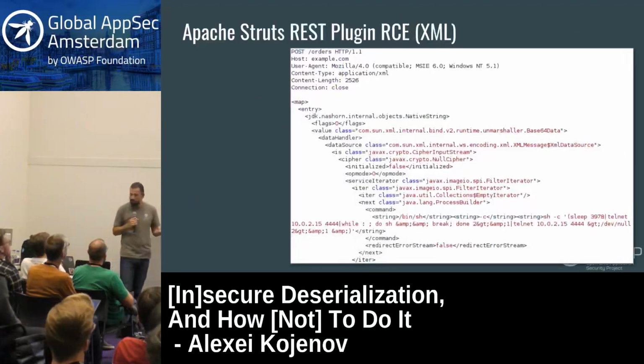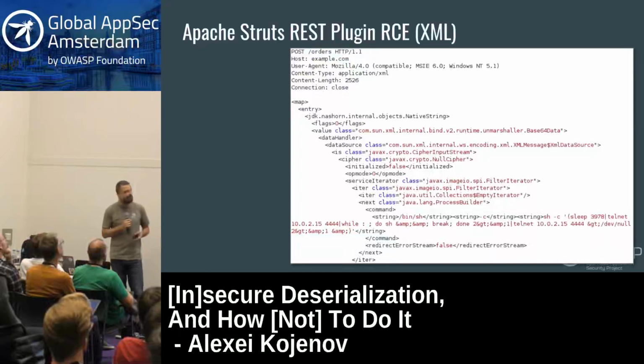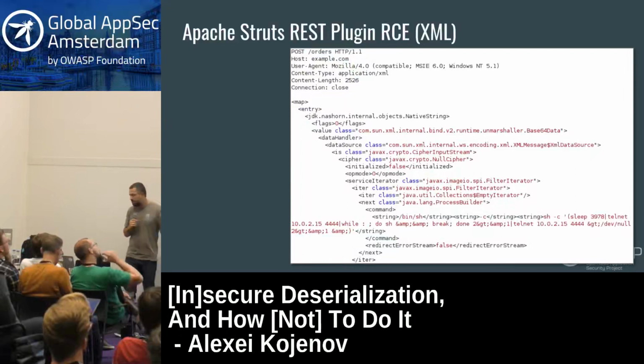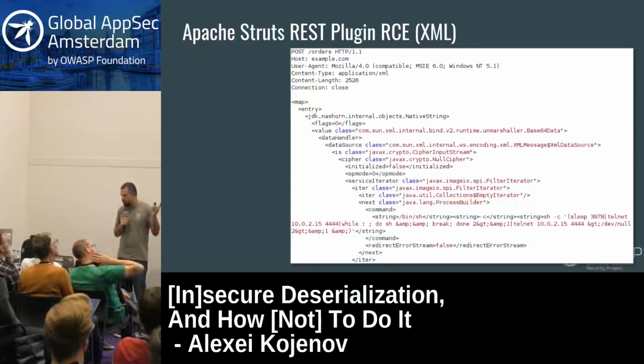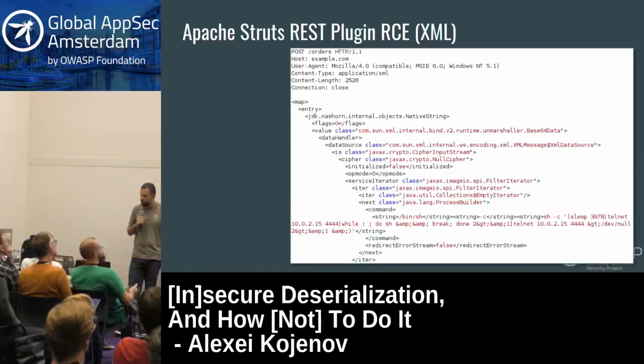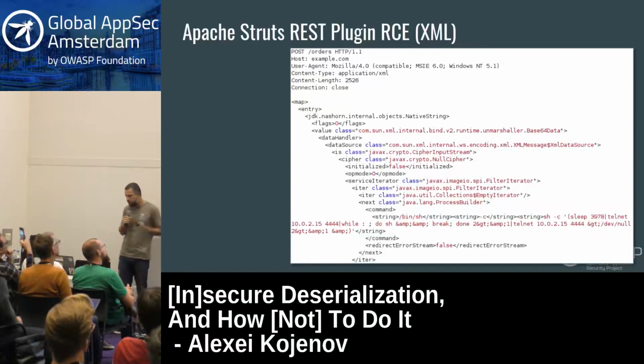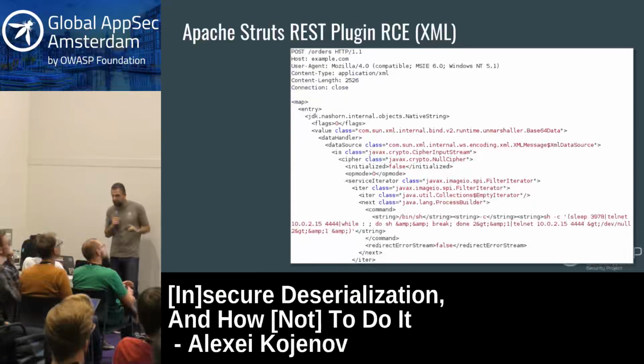Okay, the next one is Apache Struts REST plugin, remote code execution, again. In this case, we're talking about Java, but the serialization format in this case is XML. So on the screen here is an HTTP request with the exploit. As you can see, the body is an XML file, but you can also see some Java artifacts here.